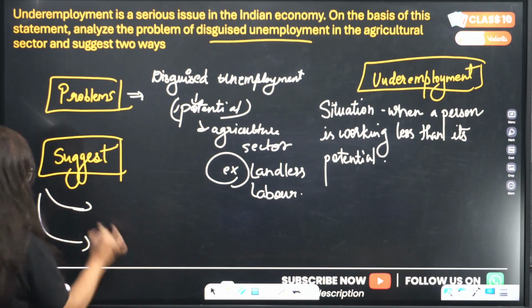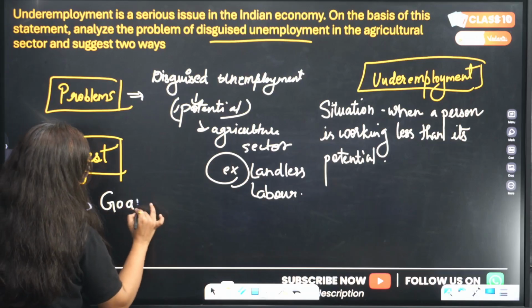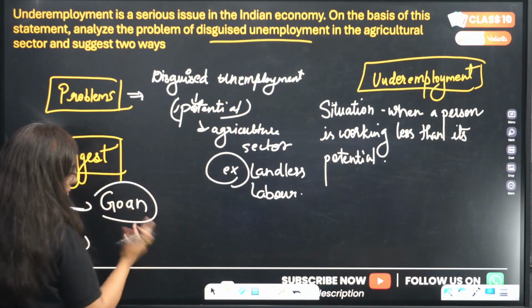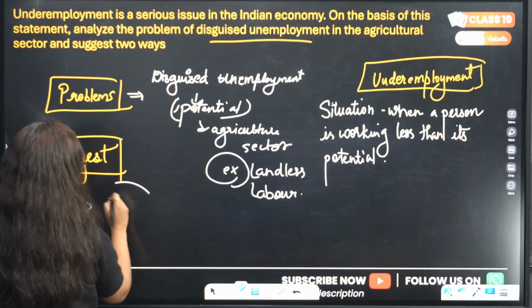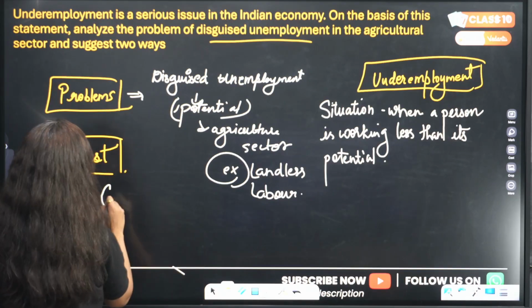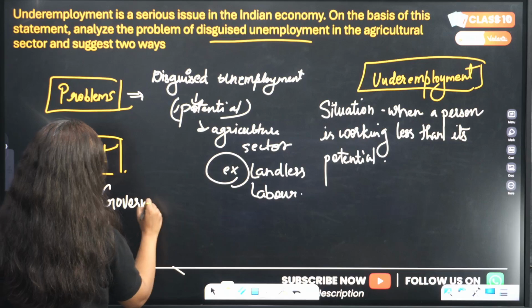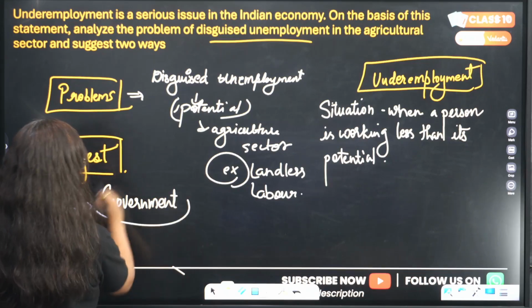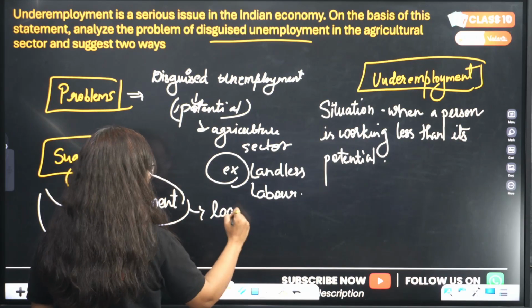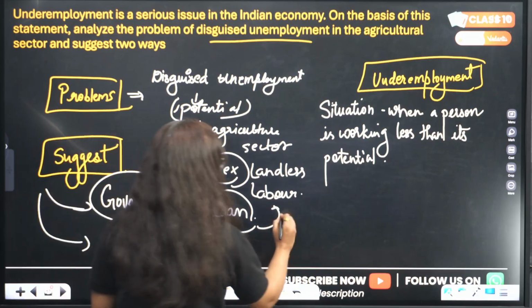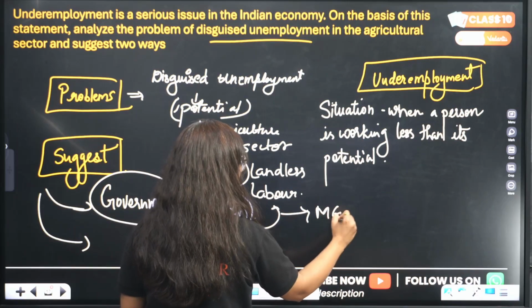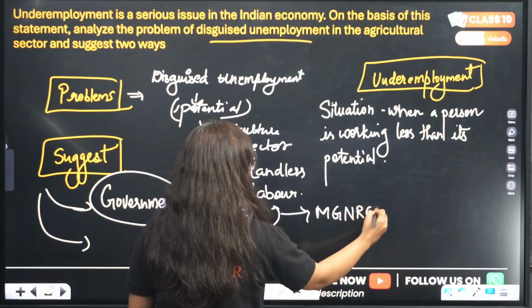So in that condition, government can initiate and provide loan facility to landless labor. Like for an example, government made one scheme, that is MGNREGA.